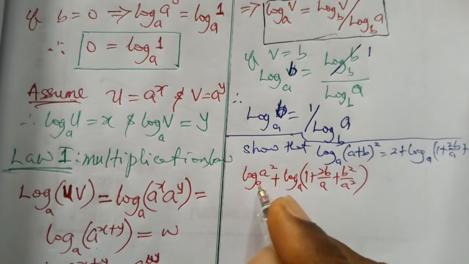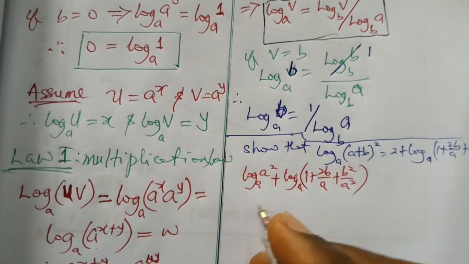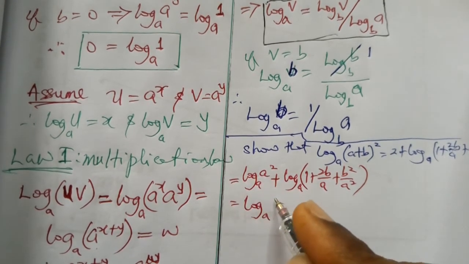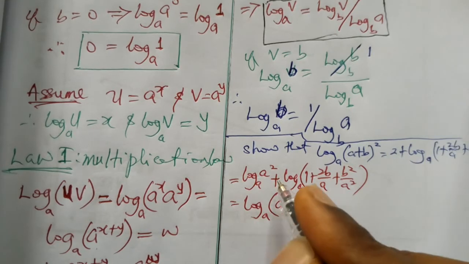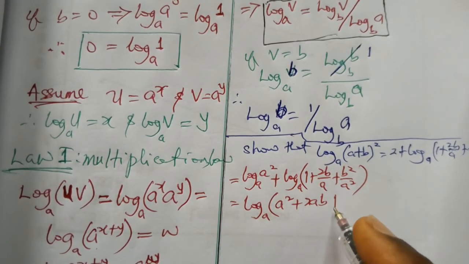Remember this is the multiplication law, so we are going to use this times this. It's equal to log a into a squared plus 2ab plus b squared.